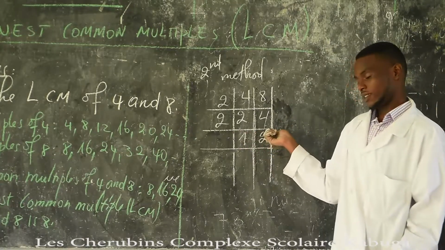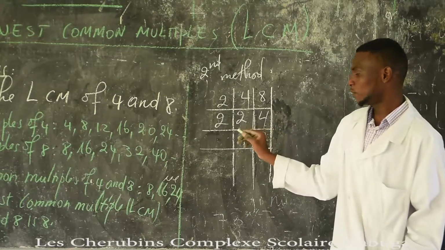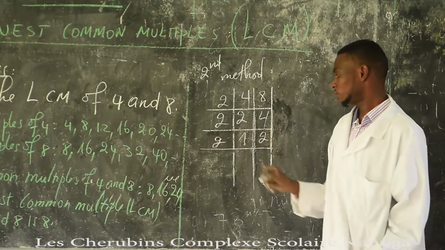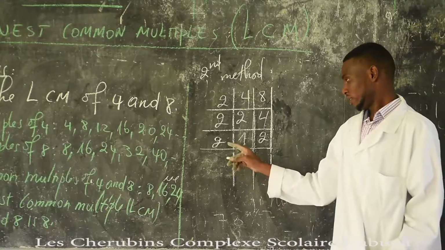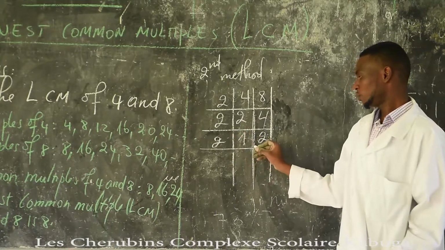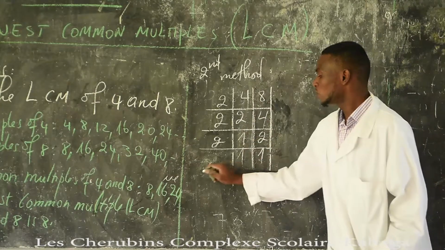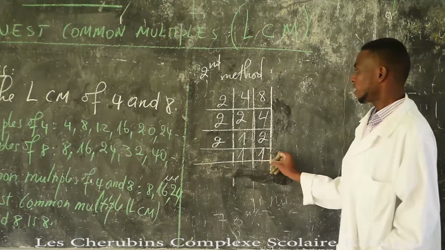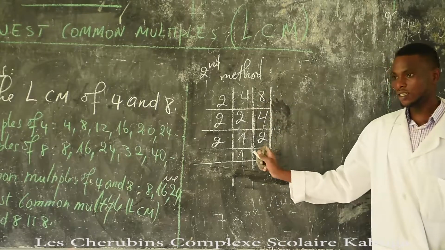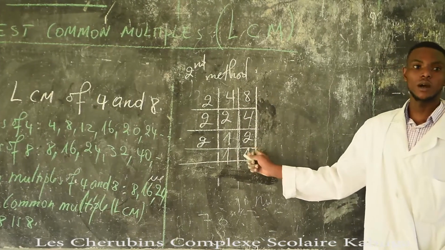Yes. Here, this number can be divisible by 2. I here just put 2. Then 2 divided by 2, here we'll be having 1. So here we have already got 1. So you try to divide the two numbers till you get 1, 1.